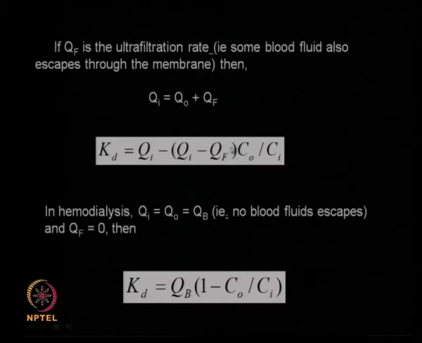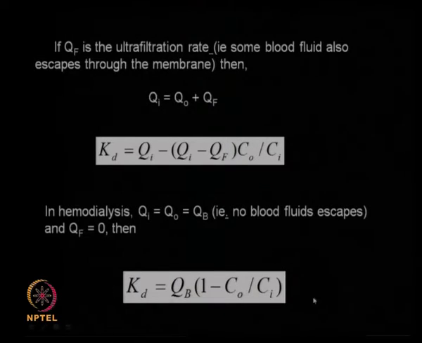Ci is the concentration entering, C naught is what is going out. Generally Qf is equal to 0, generally blood will not escape, and then generally all these flow quantities are the same, right.